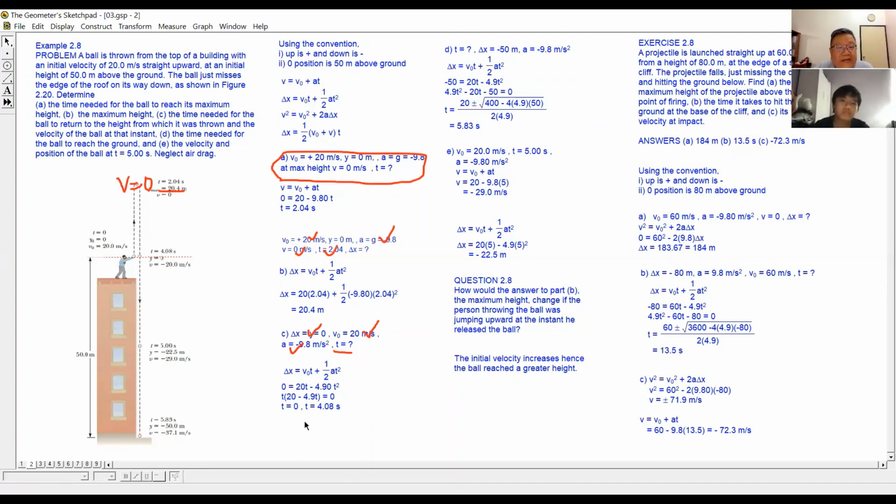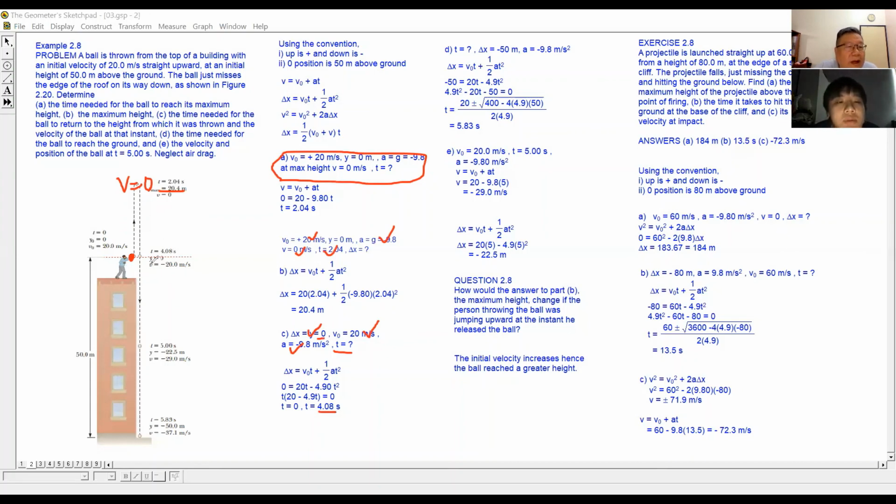Then what does t equals to 0 mean? T equals to 0 means during the starting position here. During the starting point here, the t is 0, the position is 0. Then the next time when the position is 0 again is 4.08.